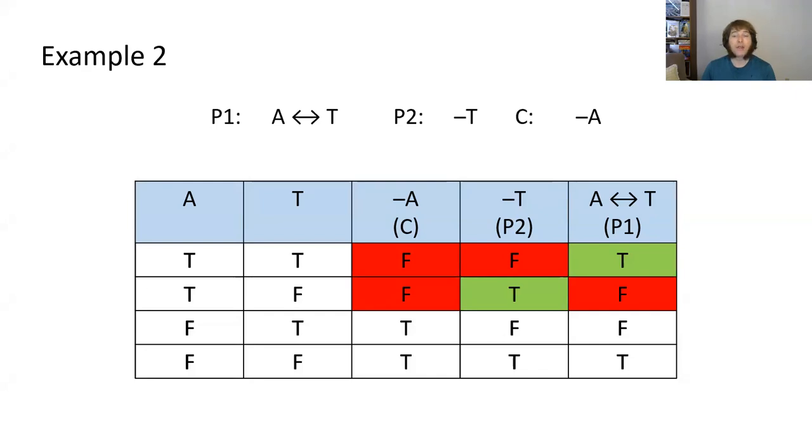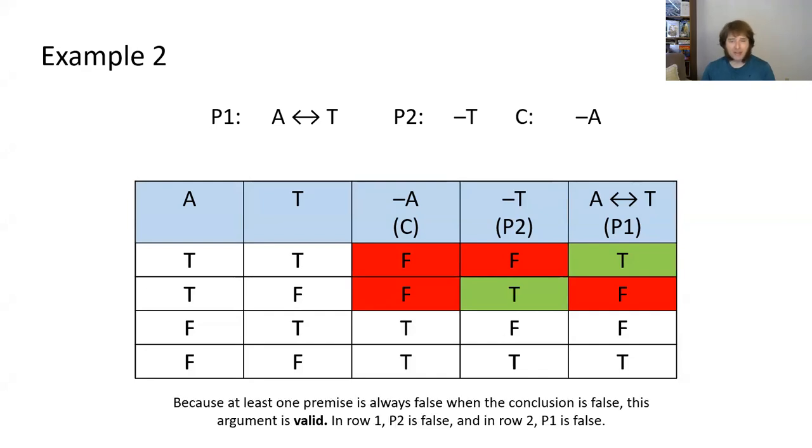So this argument is valid, because at least one premise is always false when the conclusion is false. In the first row, premise 2 is false. In the second row, premise 1 is false. So because at least one premise is always false when the conclusion is false, this argument is valid as well.